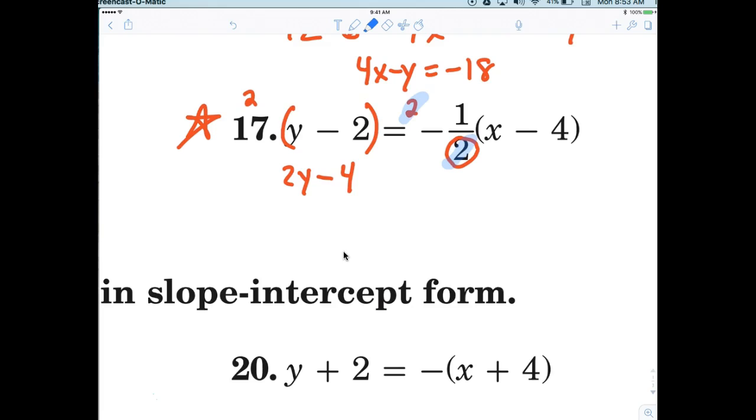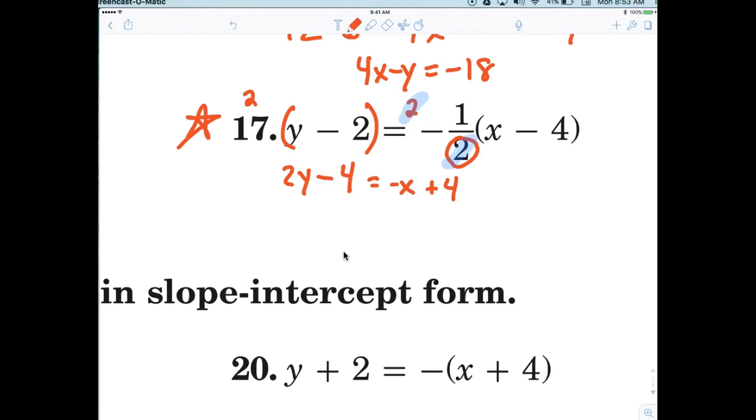So now all I need to do is distribute the negative, kind of like distributing a -1. It becomes negative x plus 4. Where people make the mistake is that they forget to distribute the negative. Now there are no fractions, so that's good.